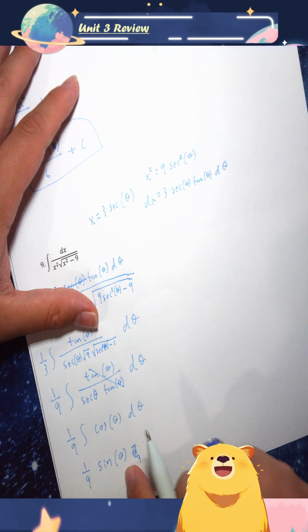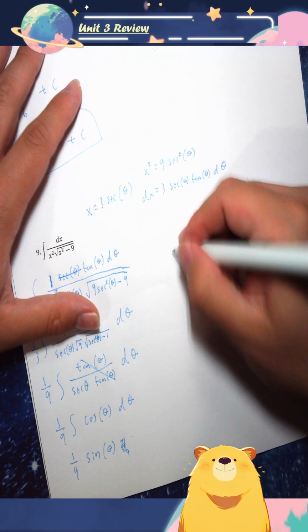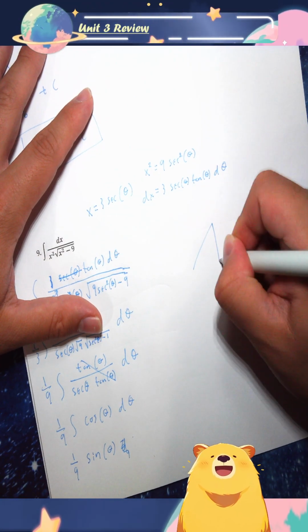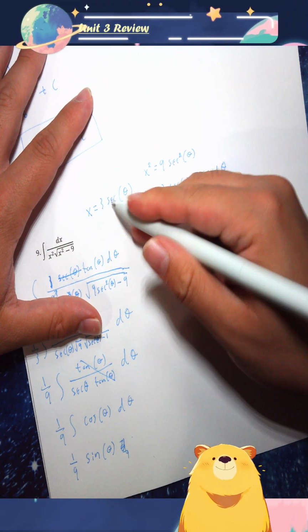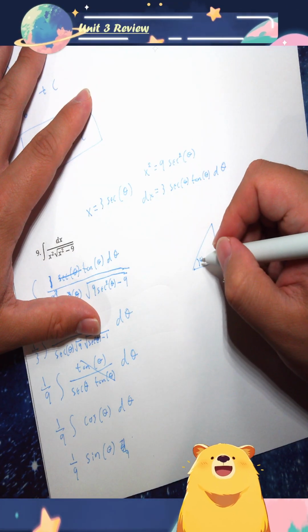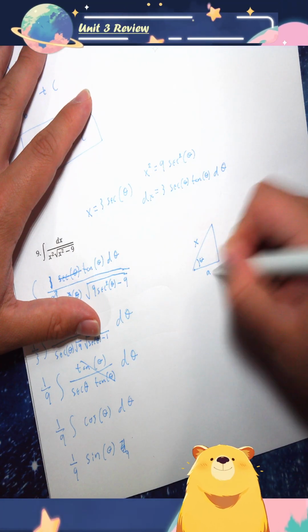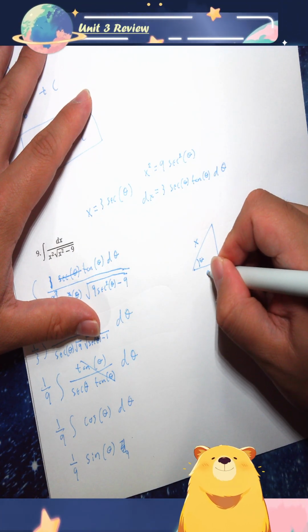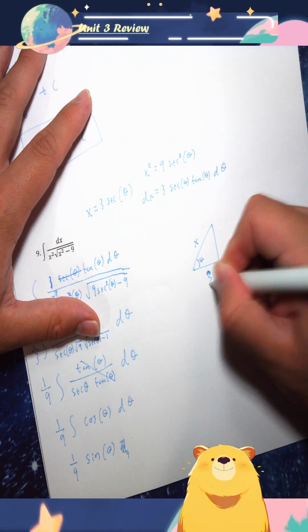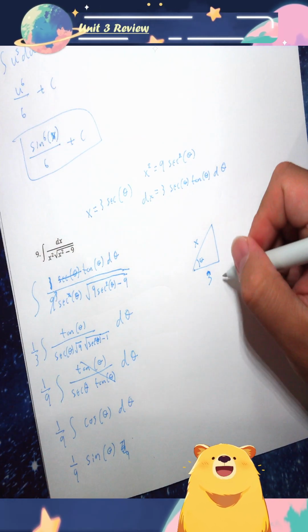But then you have to plug back in theta. So that's where the reference angle comes in. This tells me that secant, which is hypotenuse over adjacent, where the adjacent is 3, is like this.